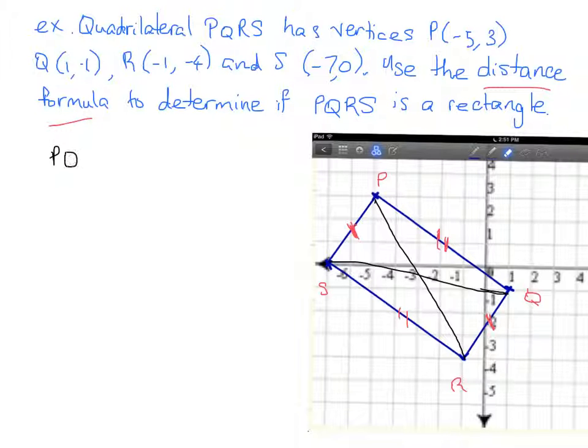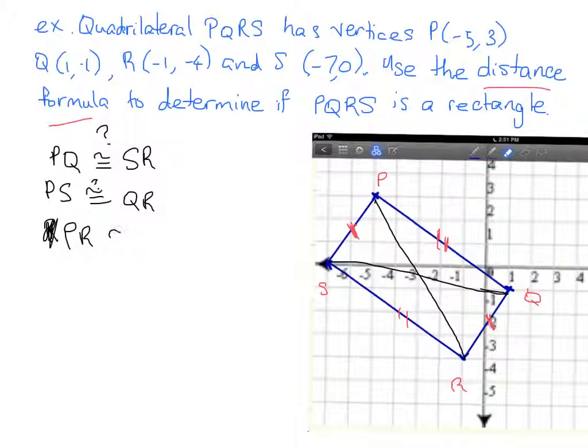PQ has to be congruent to the opposite side SR. And again, we don't know if this is true, so I'm going to put that question mark here. PS has to be congruent to the opposite side QR. And we don't know if that's true, so question mark. And the diagonals, PR would have to also be congruent to SQ.